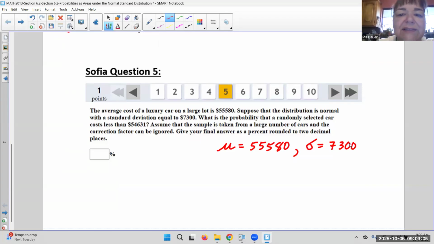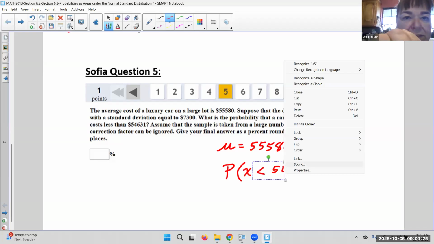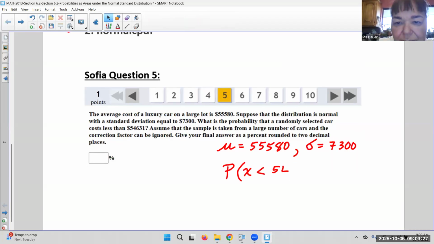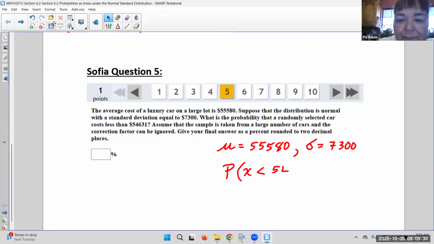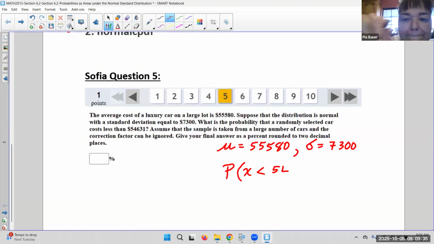Find the probability that a randomly selected car costs less than $54,631. So we write that as the probability that X is less than 54,631.